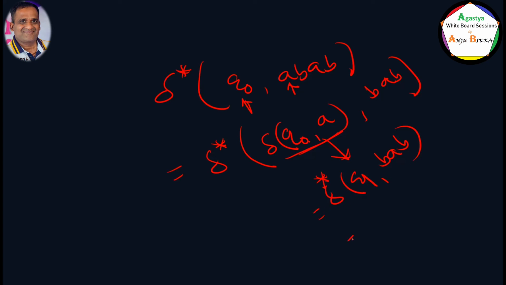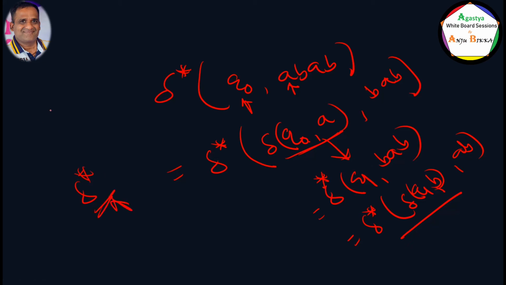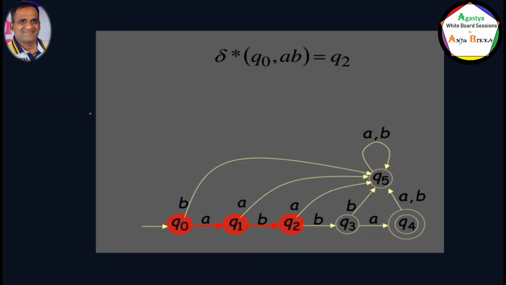Again, how is this represented? Delta star of Q1 with b, and so on, is a delta and then delta star. So delta star is an extended delta, used to apply to the set of all strings over sigma. Now we can see here delta star, if you are in Q naught and give a, b, it goes to Q2.